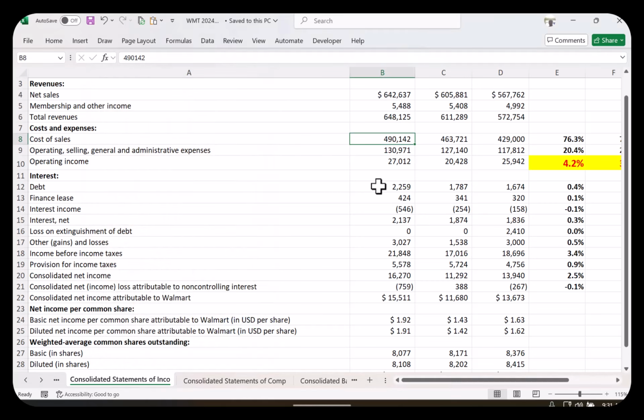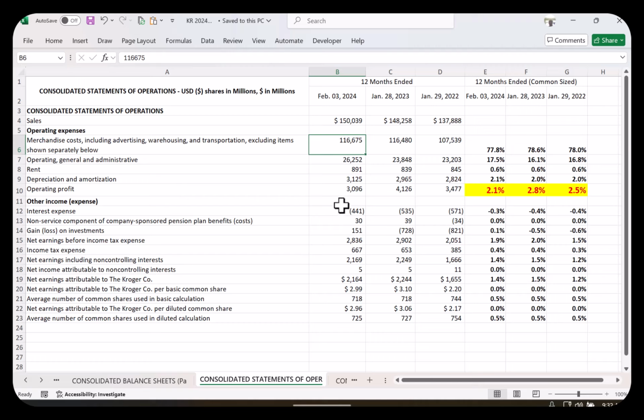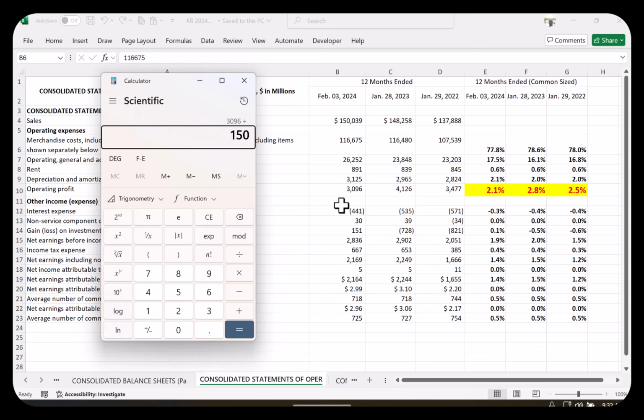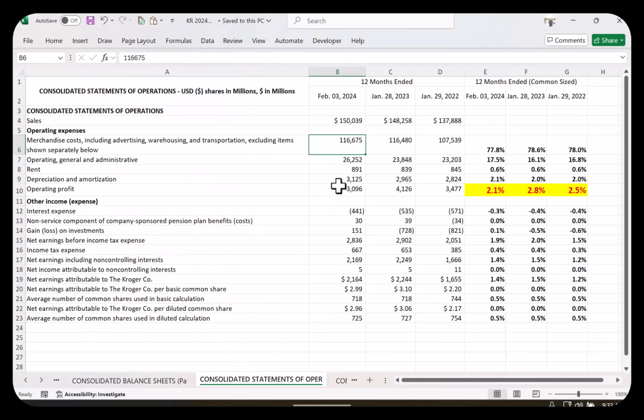Let's just look at the operating margin. Oh, that is even less, 2 cents. Okay. So those sorts of numbers matter.